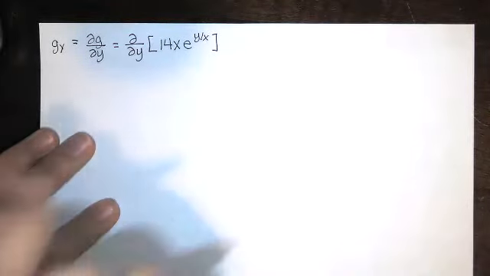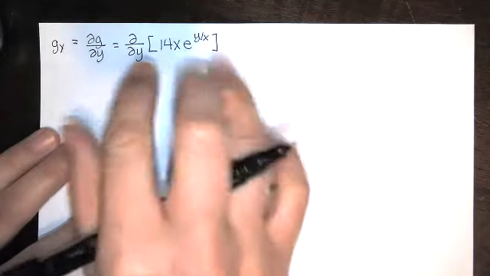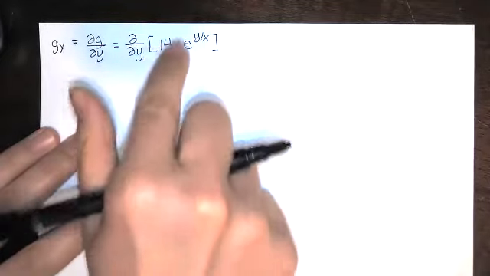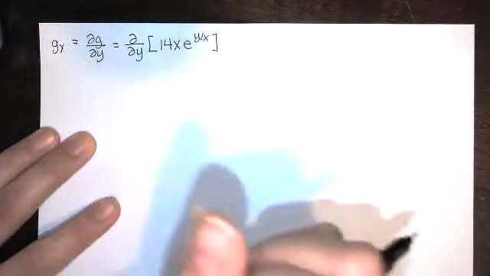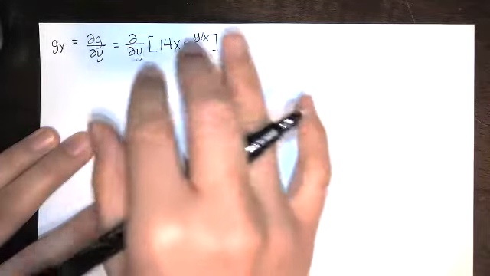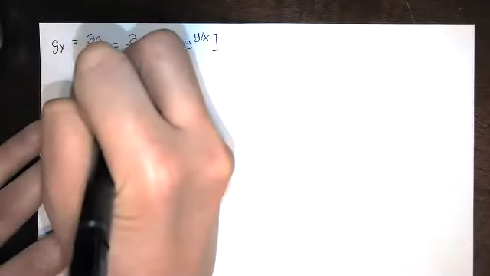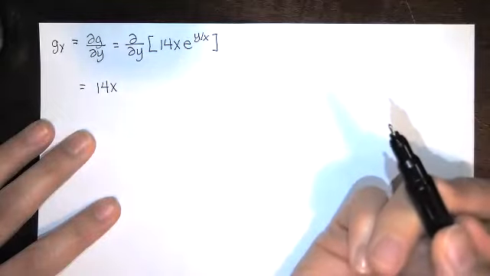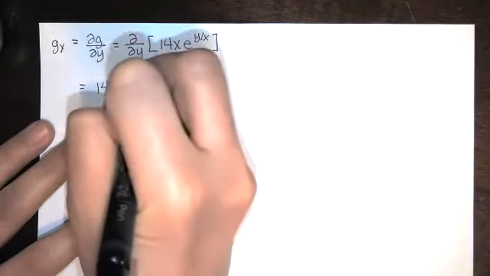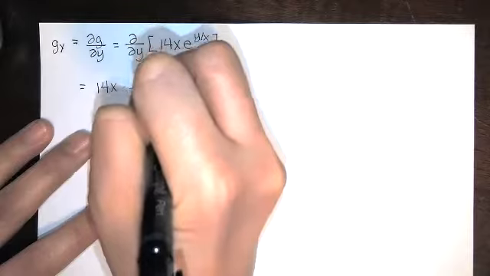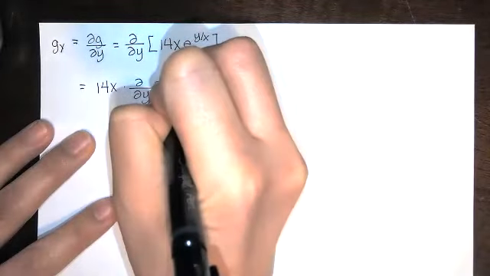Now, remember, we're treating x as a constant. So as far as we're concerned, this is really just a constant times an exponential involving y. So remember, if you're taking the derivative of a constant times a function, the first thing you do is you just bring the constant down, and then you differentiate that function with respect to y, treating x as a constant again.